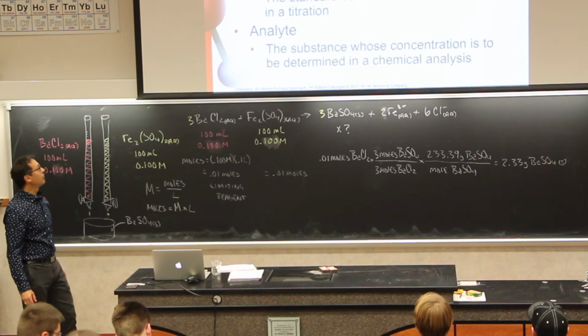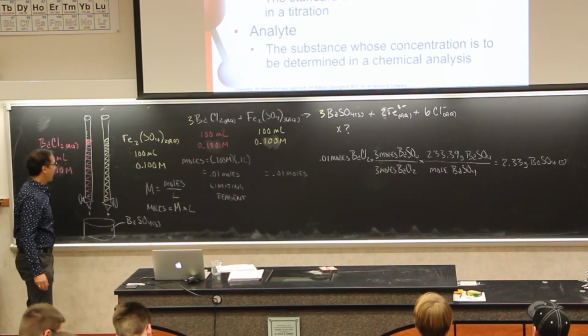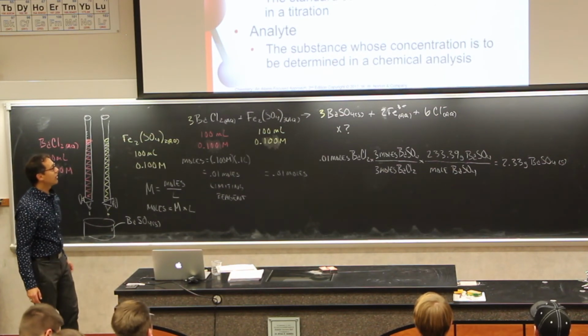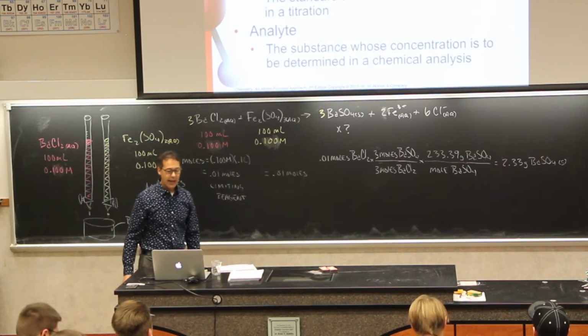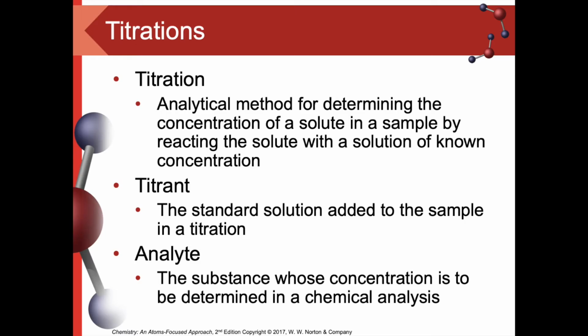And then our analyte is the stuff that we're trying to find out, what it is that we're trying to analyze. And so our analyte might be down here in the bottom of our tube here. So just some fancy terms. It's titration. Titrant is the stuff that's in the tube, and an analyte is the substance that we're trying to analyze.